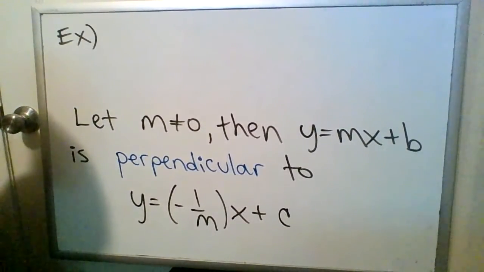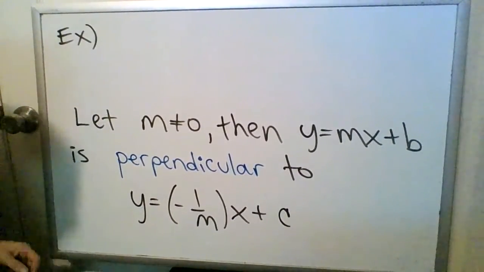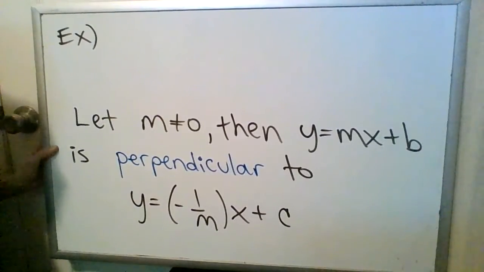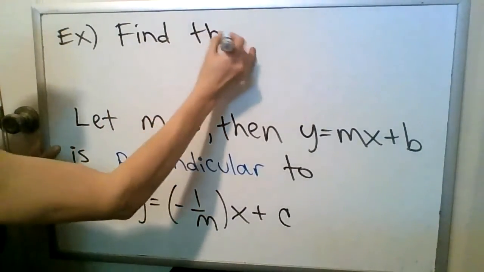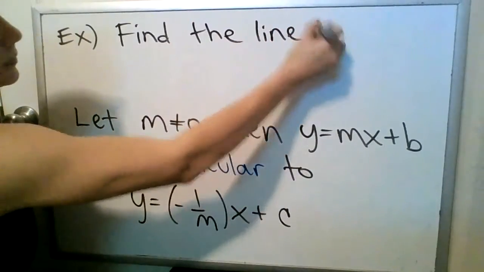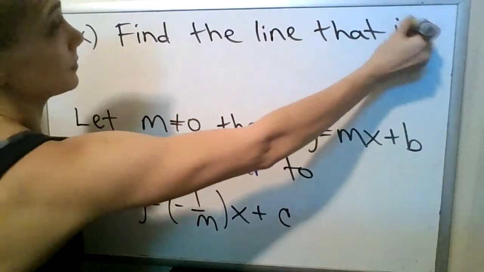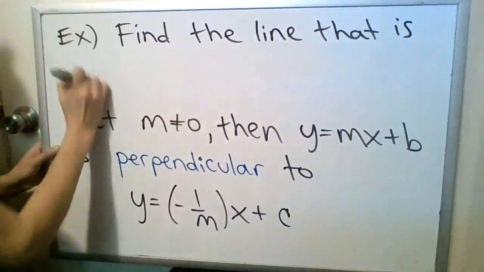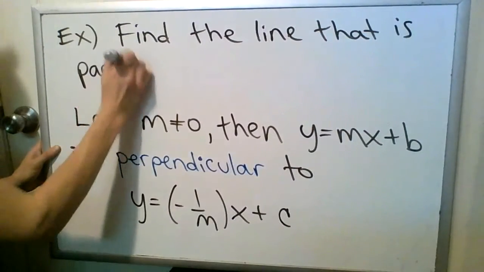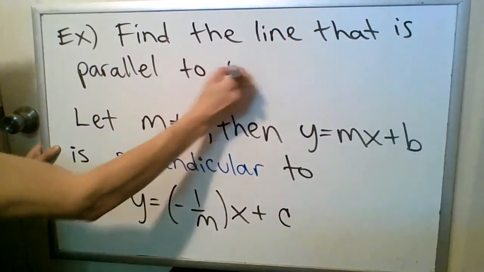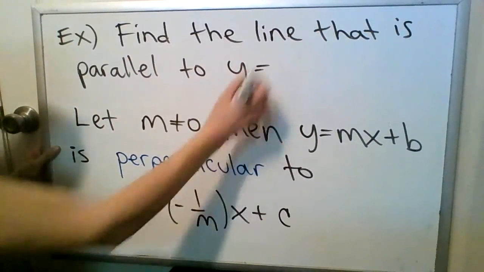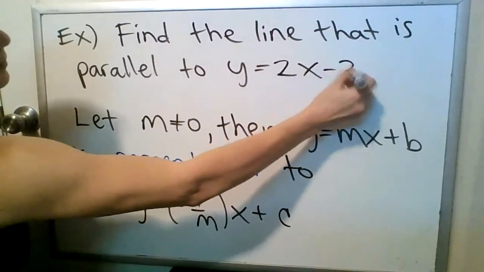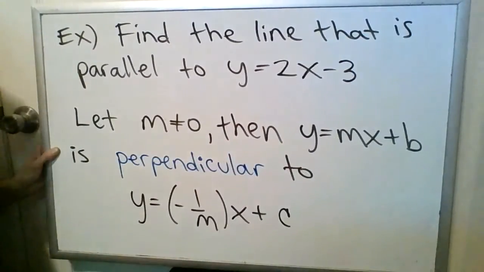Find the equation of the line that is parallel to y equals 2x minus 3 and goes through the point 4, 7.